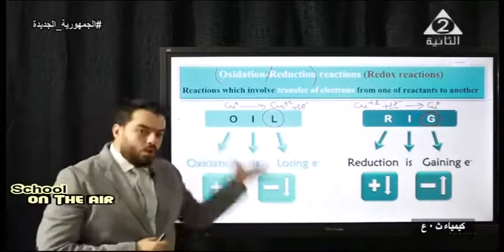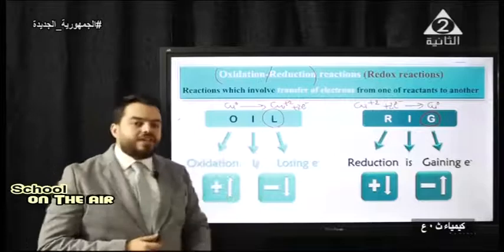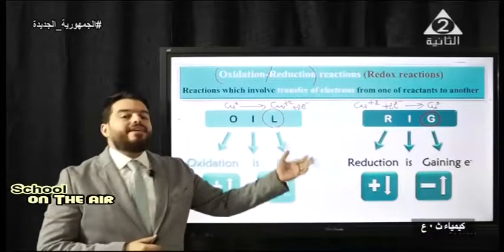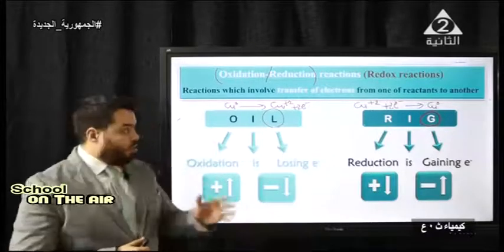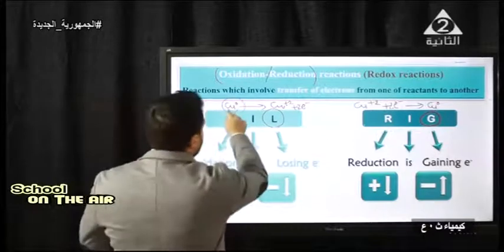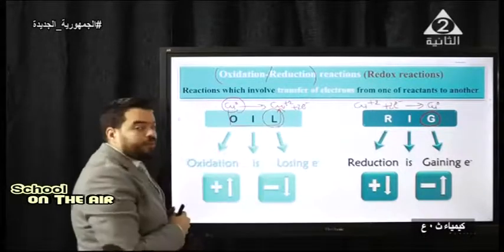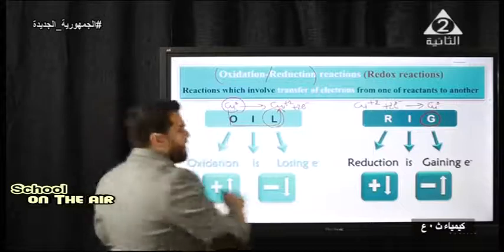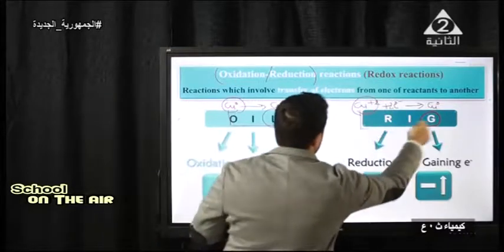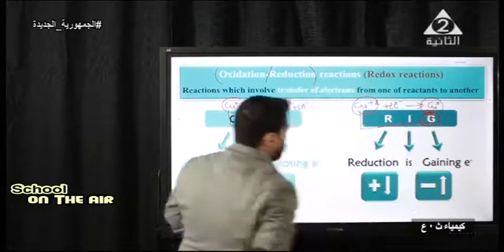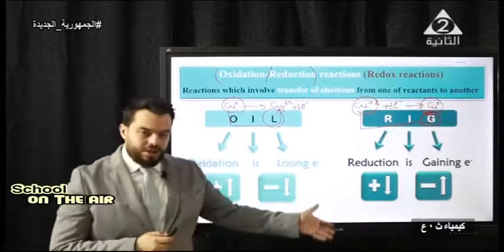So if you lose, you are making oxidation, and if you gain, you are making reduction. If you see copper changing into copper 2+, you are making oxidation. And if you see copper 2+ converting into copper neutral, you are making reduction.